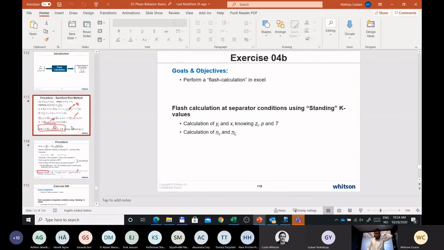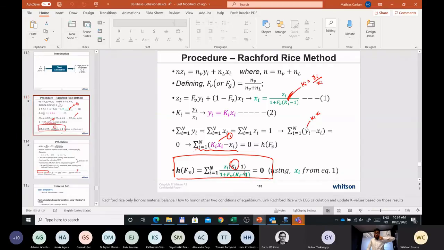If you remember, when we were talking about the flash calculation, it's the Rachford-Rice method.